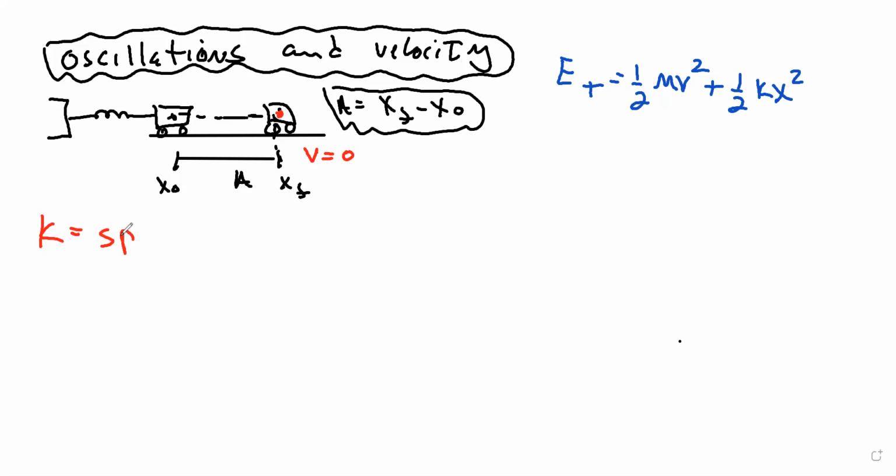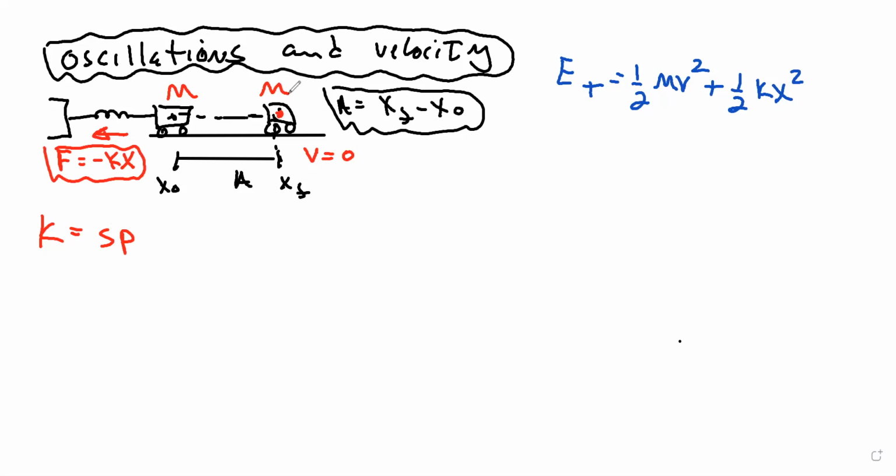That's because there's a restoring force coming this way. So the force is going to be minus the spring constant times the displacement. You got your restoring force right here, which is responsible for this mass oscillating.